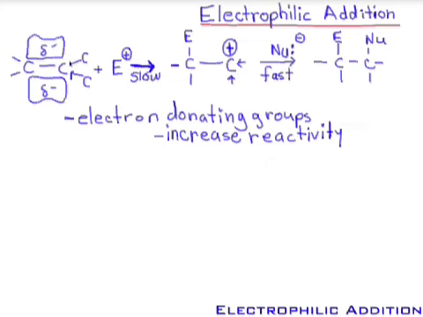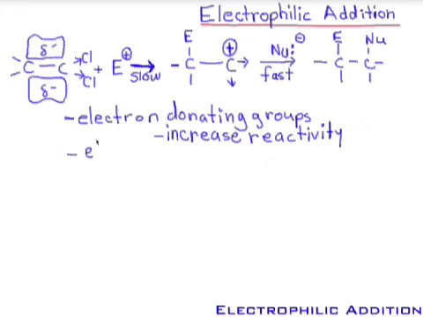However, if we change this, for example, to chlorines, which are electron withdrawing groups, that would effectively make the positive charge larger on the carbon, destabilizing the carbocation.